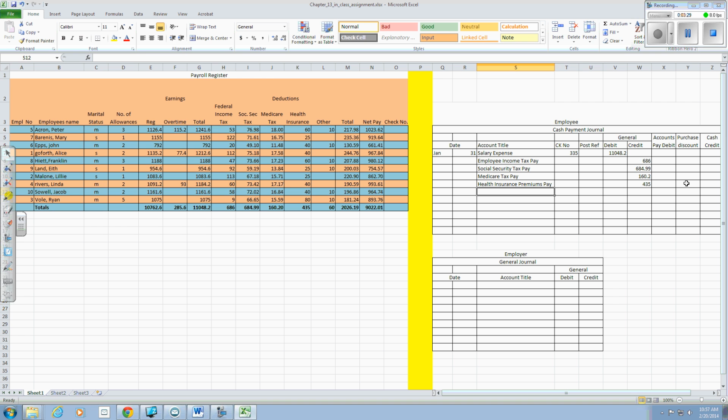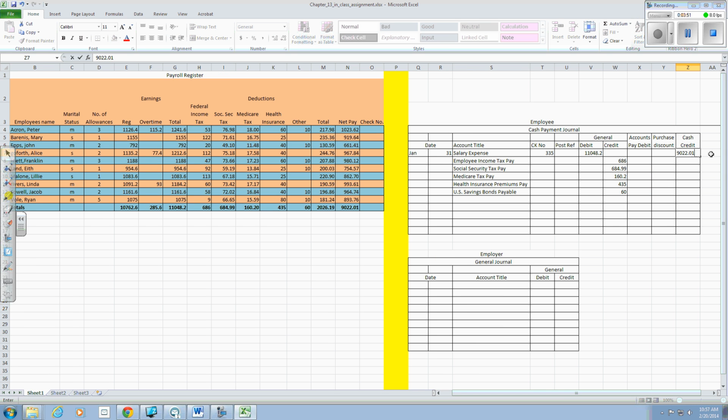And the last one we're just going to say is U.S. savings bonds payable for $60. And then we're going to go over here to cash, and how much do we pay our employees? Well, we paid them $9,022.01. Okay, and so that's us journalizing the employees' taxes. So every time we pay them checks, we have to go in here and journalize the semi-monthly payroll. So that's really the first transaction.